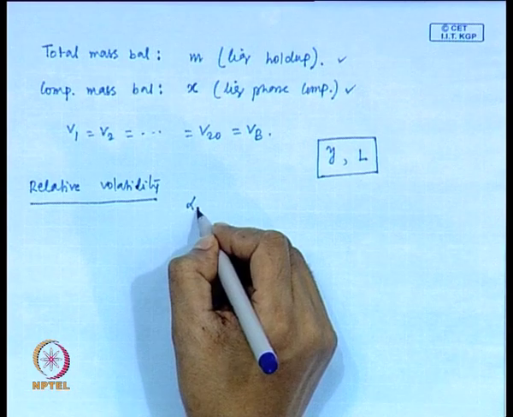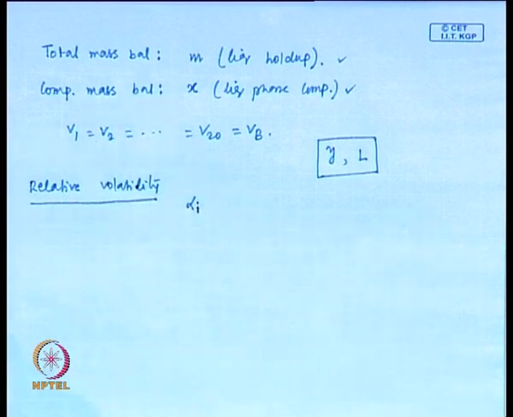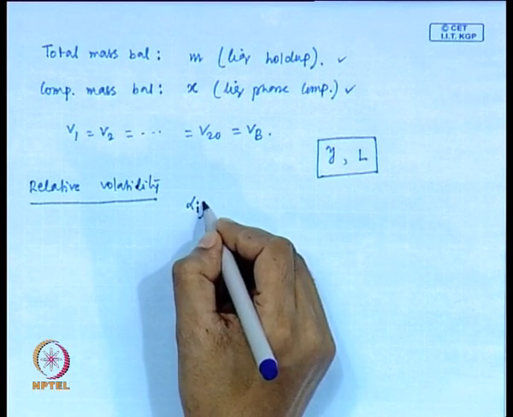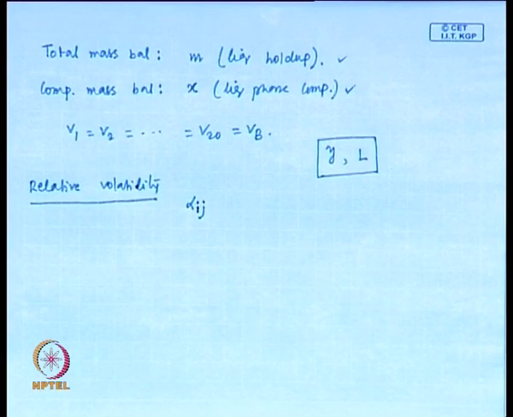So, relative volatility of any component i with respect to another component j is represented by alpha ij. Alpha ij means relative volatility of component i with respect to component j.